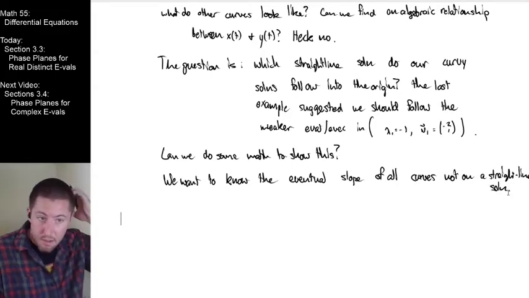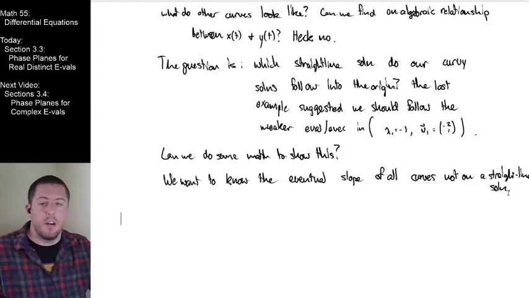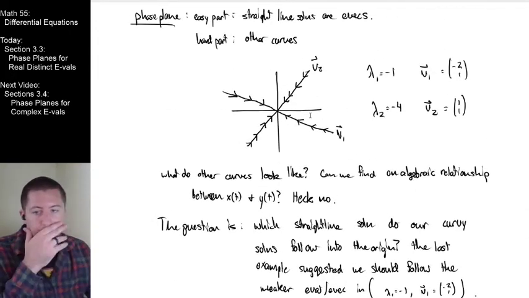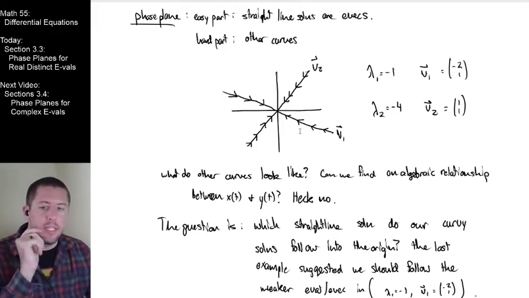Here's what I'm thinking to myself. I want to think about all of these curves that aren't on a straight line solution, all the ones that are out here filling in all this other space. What I want to know is this. What I know is going to happen is this.